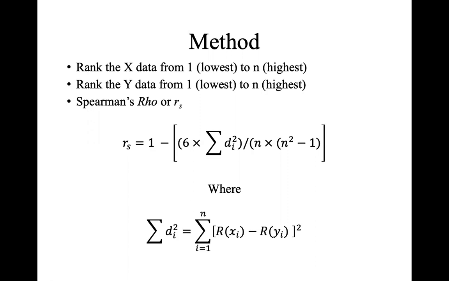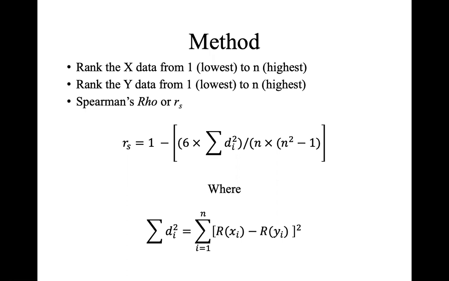So Spearman's R ranges from -1 on one end to +1 on the other end, and those are the theoretical limits of it. A -1 would be perfect correlation in a negative way, and a +1 would be a perfect positive correlation.